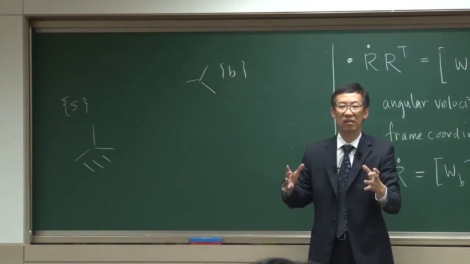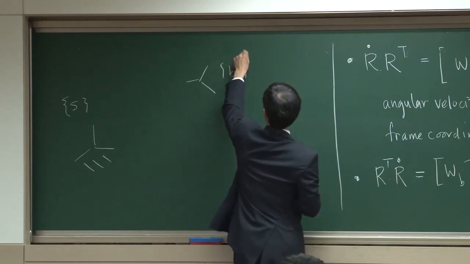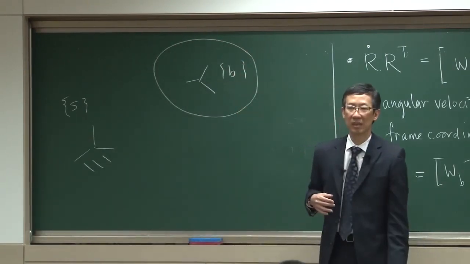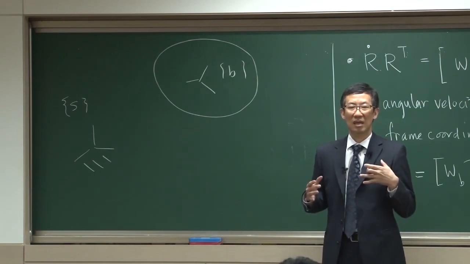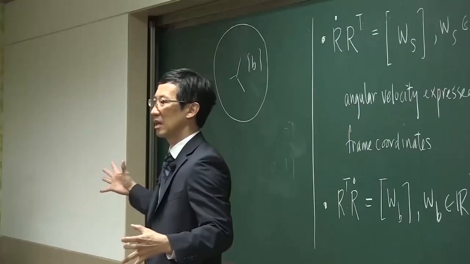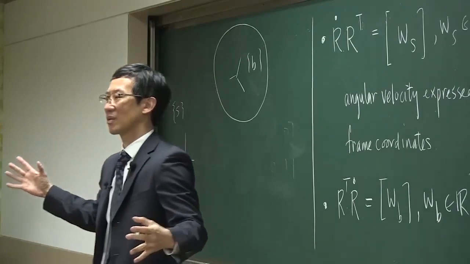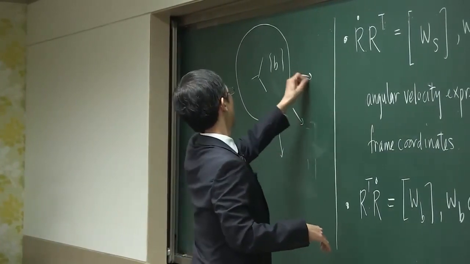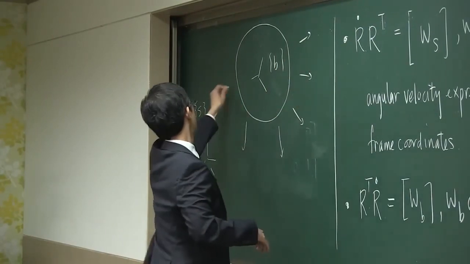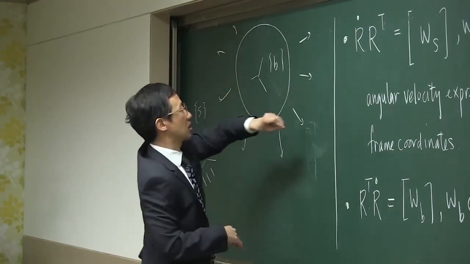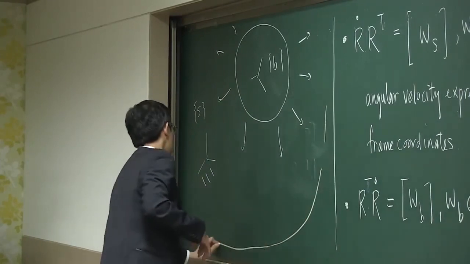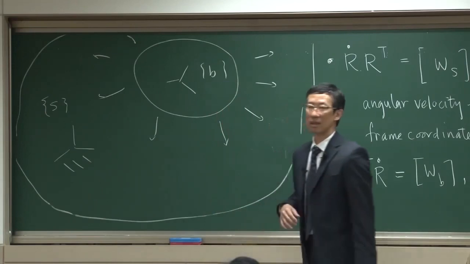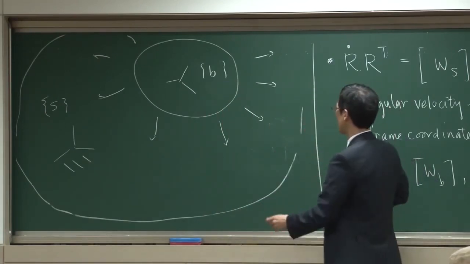Pretend this frame is attached to some moving body. Let's pretend this body is really big. It's infinitely big. It's as big as the universe. Well, maybe as big as the Earth. So let's blow it up. It's going to be this huge body. Now it's this moving rigid body.